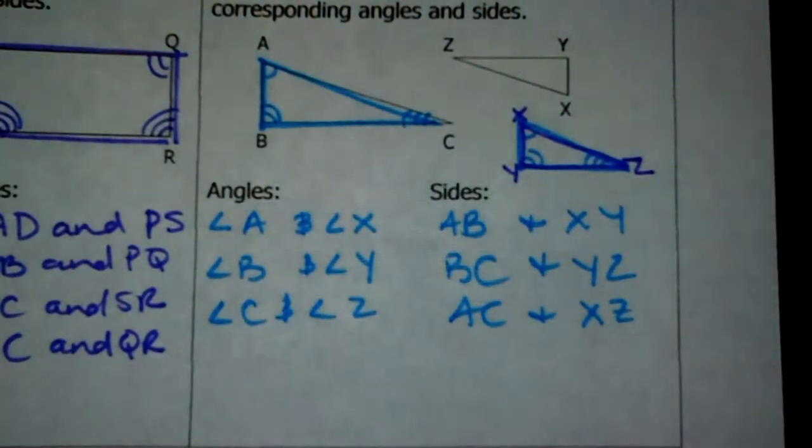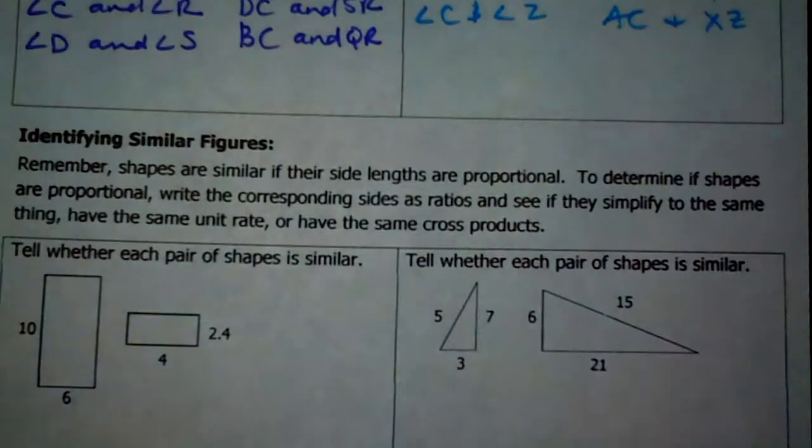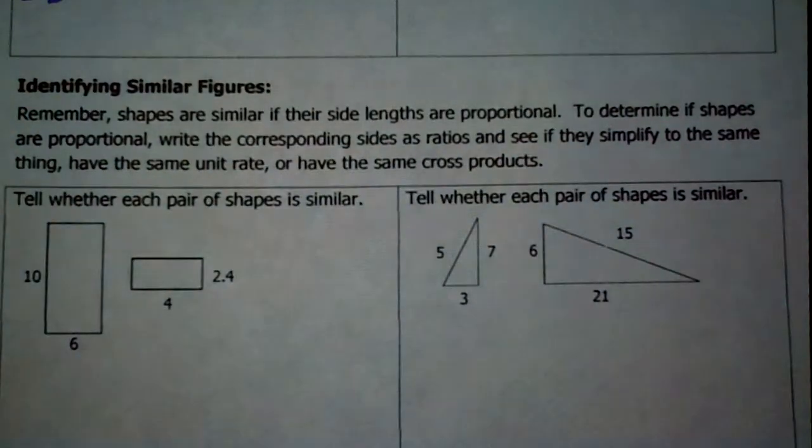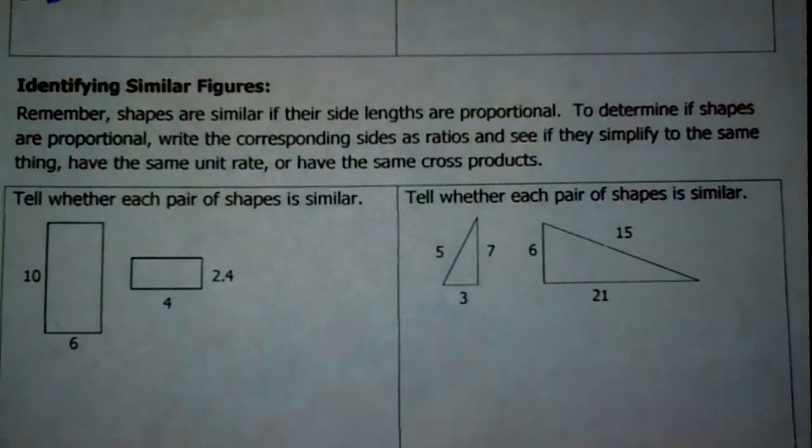Okay, so hopefully we now know how to match up corresponding sides and angles, and we know what that all means. The next part of this is being able to use that information. So down here it says identifying similar figures. That's actually the goal of this lesson. We want to be able to look at two figures and determine, are these actually similar? So again, similar figures have the same shape, but they're not necessarily the same side lengths. And we said earlier that their corresponding sides are proportional.